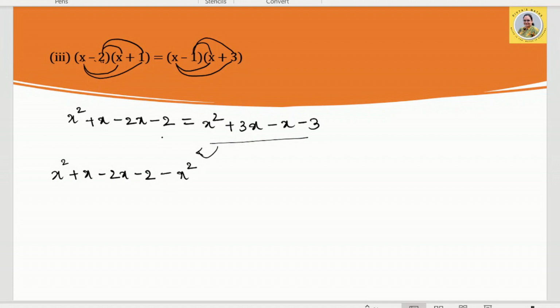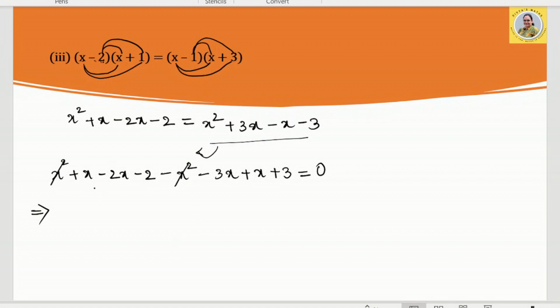Plus 3x when you get to LHS will become minus 3x. Minus x when you get to LHS will become plus x, and minus 3 when you get to LHS will become plus 3. And in the RHS you will have 0. Now plus x square minus x square will get cancelled.